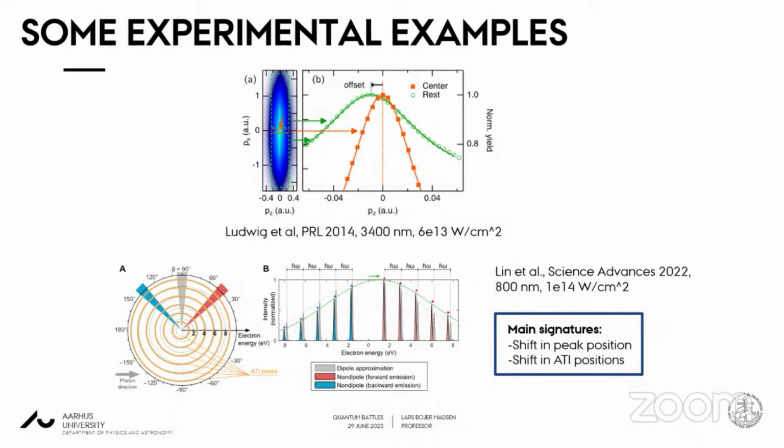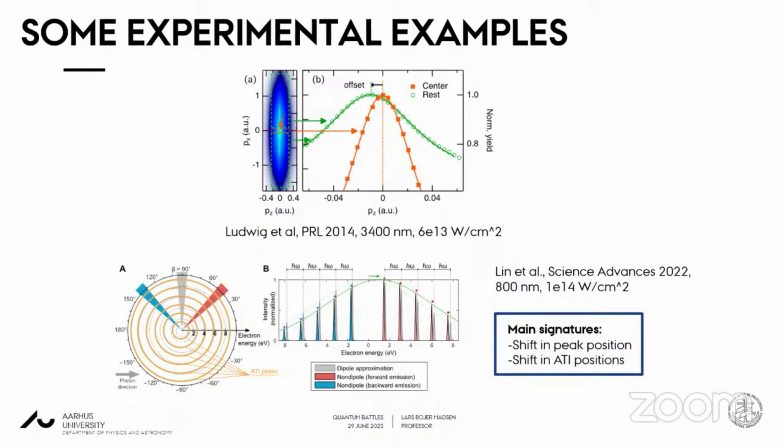This here is the laser polarization direction, and the typical signature is that you get this long distribution along the polarization. And then the non-dipole signature is that if you zoom in here and look at how it is distributed along the propagation direction, there's a shift away from 0. In the dipole case, the peak in this distribution is at 0, but they observed a shift away from that. That's something you can never get in the dipole approximation.